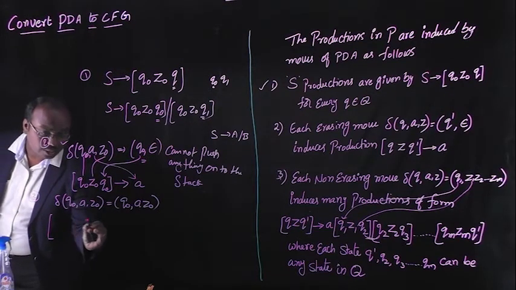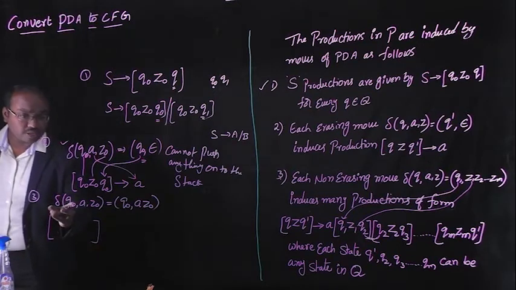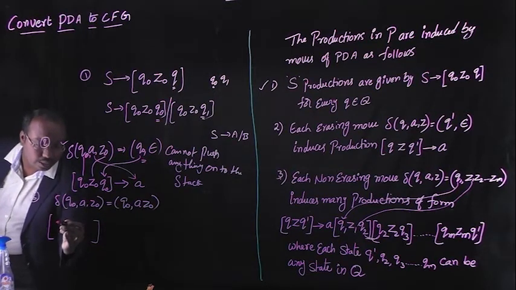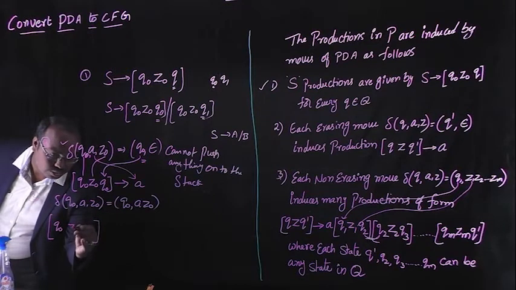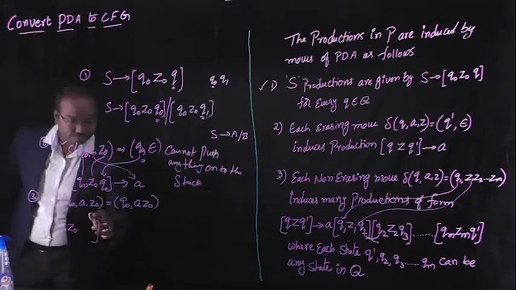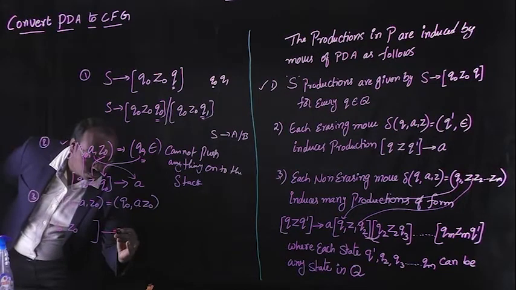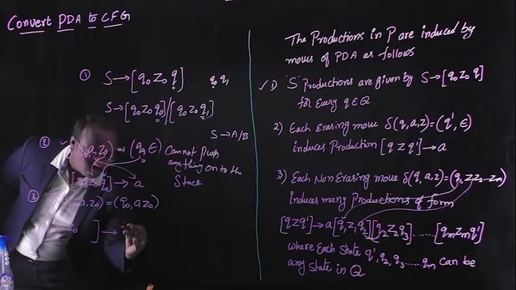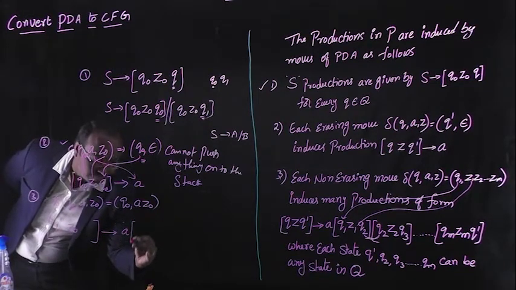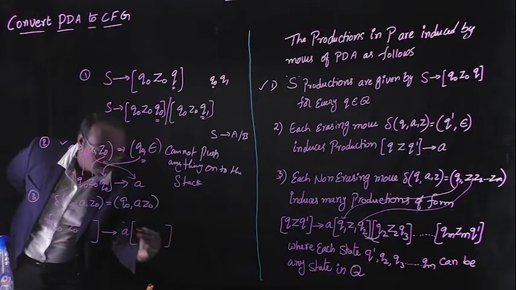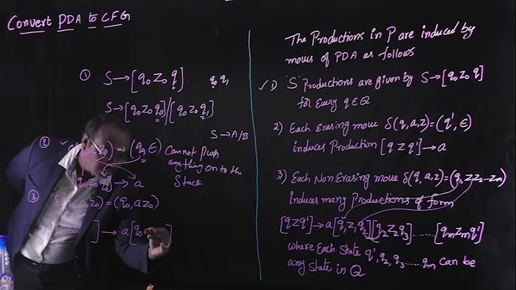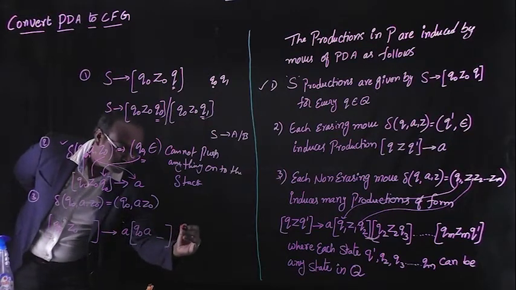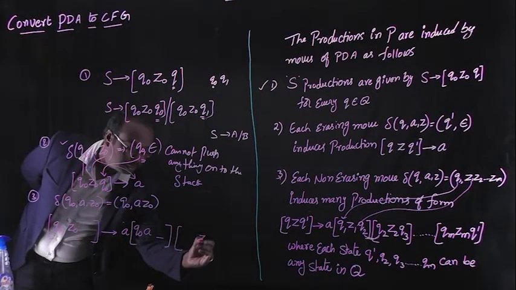Here I can write like this within square brackets. First I am writing the state and stack symbol Z0, tends to input symbol a and q0 a Z0.